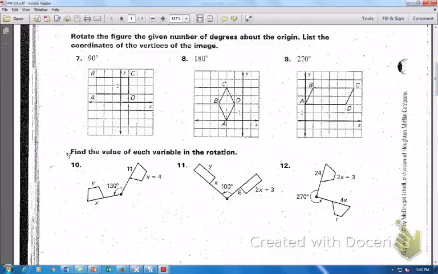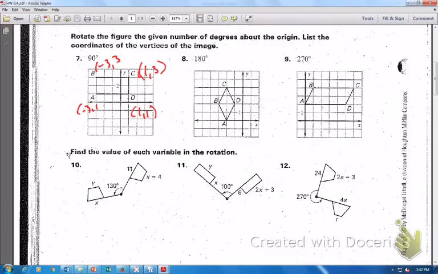Okay, so the coordinates at B are negative 1, 2, 3, up, so negative 3, comma 3. C is 1, comma 3. D is 1, comma 1. And A is negative 3, comma 1.